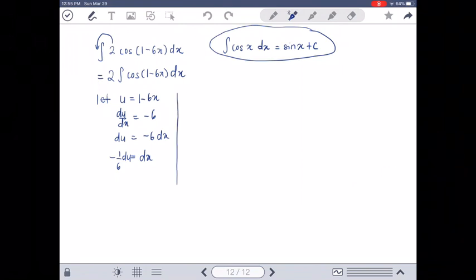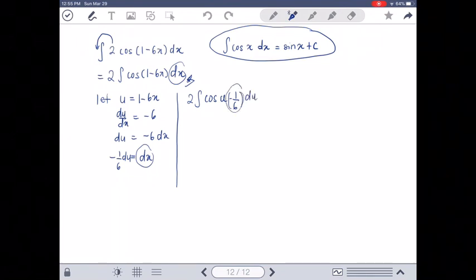Then you can substitute into this equation here. So it becomes 2 times integration of cos u multiplied by the value of dx, which is negative 1 over 6 times du.